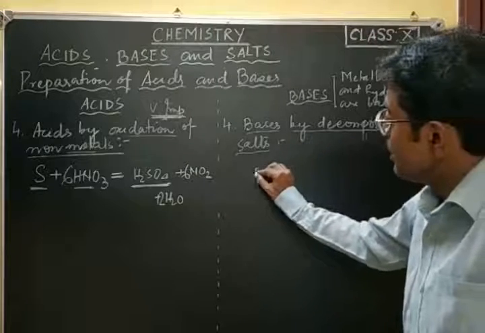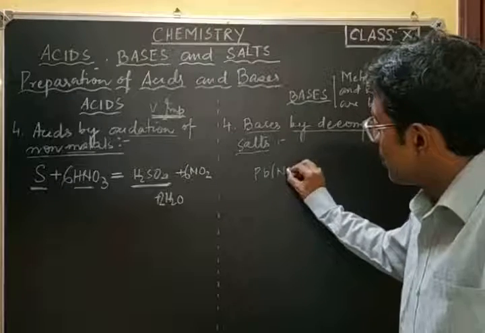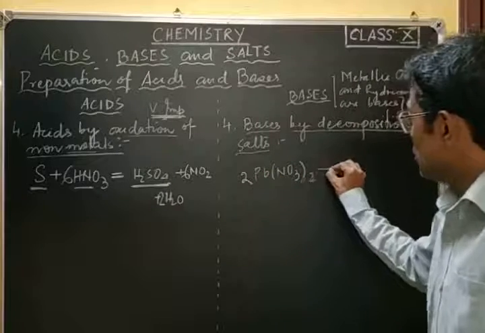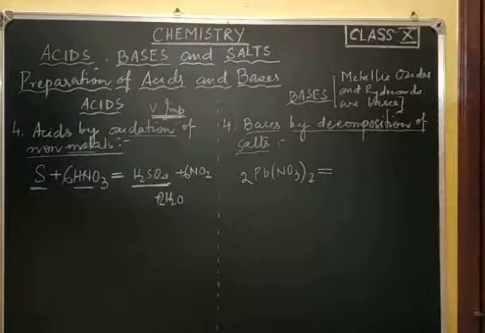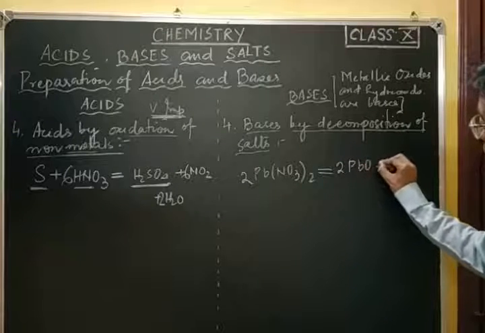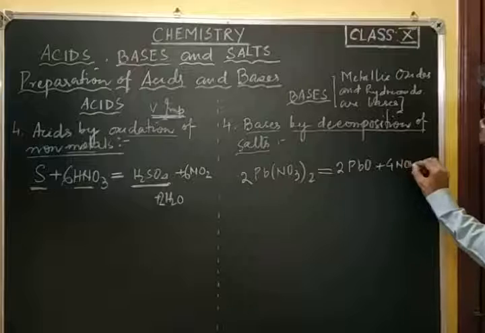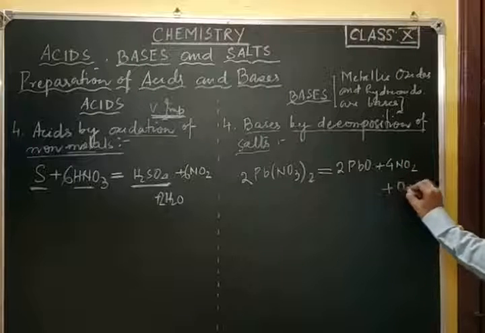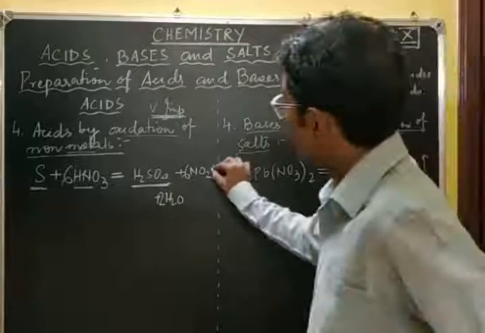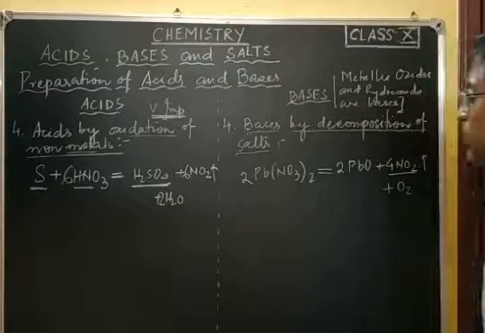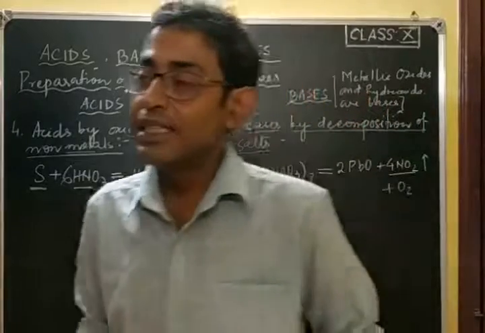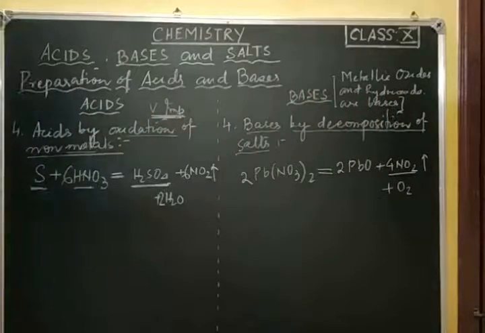If we heat Pb(NO3)2, this is another important reaction, 2Pb(NO3)2 produces lead oxide, 2PbO plus 4NO2 plus O2. And these are brown gases. So you should show this brown gas wherever possible. So these are the preparations of acids and bases from various sources.